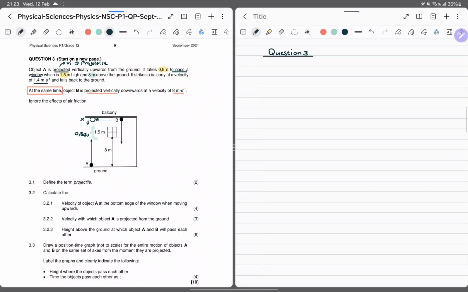So if it is not given, we can best assume that this is the time of projection of ball A, the same time at which ball B was projected downwards.